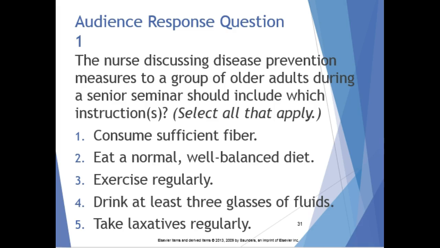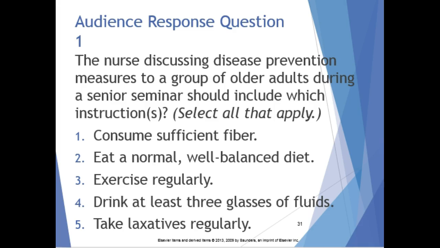Okay, so our first question revolves around the nurse discussing disease prevention measures to a group of older adults during a senior seminar. Which of these instructions should be included? Select all that apply.